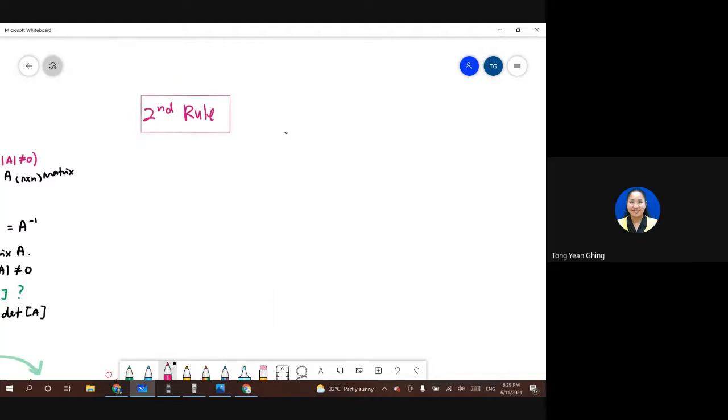The second rule says that A_ii is larger than 0 for any i equal to 1, 2, until n.